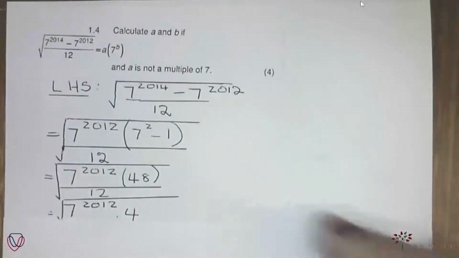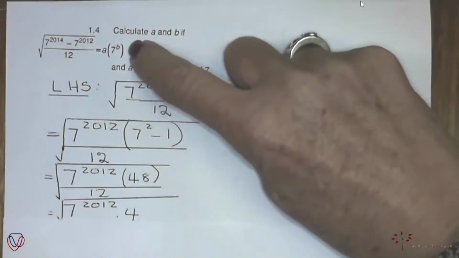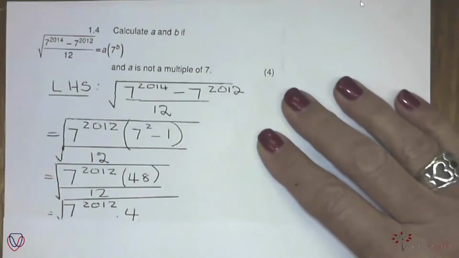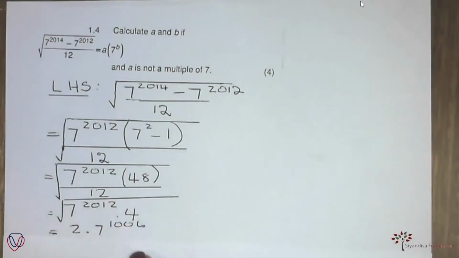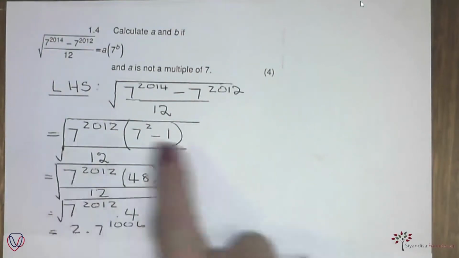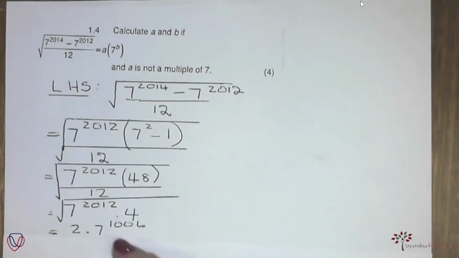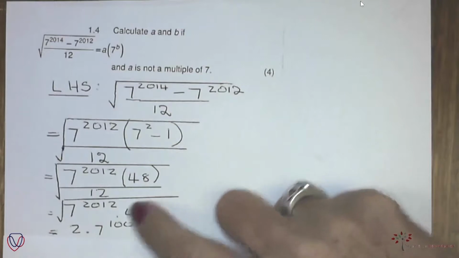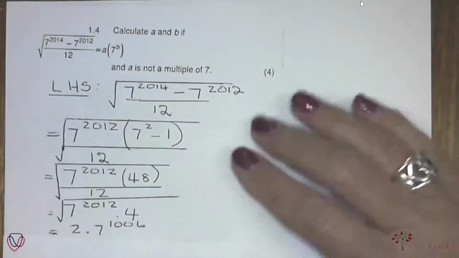But let's go and look at our answer. A, 7 to the power b. Okay, now we can say that the square root of 2012 gives you 1006 because you divide the exponents by 2. That gives you 1006, and the 4 will give you a square root of 2.